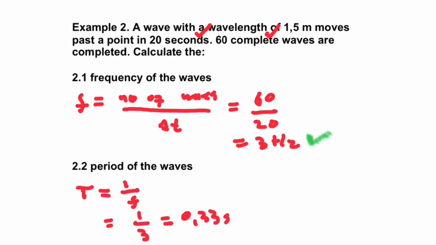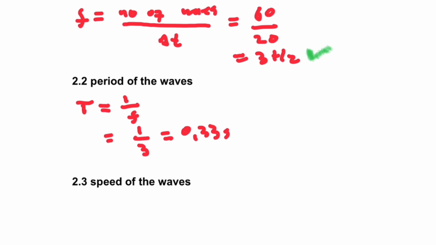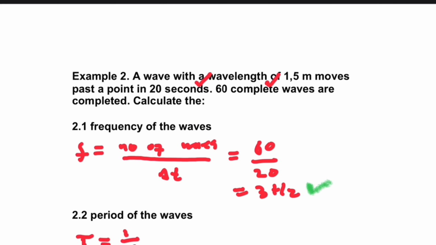And the last question, 2.3, we're supposed to determine the speed of the waves. We have the frequency, which is equal to 3 hertz. We also have the wavelength. It is 1.5 meters. We're interested in the speed of the waves.